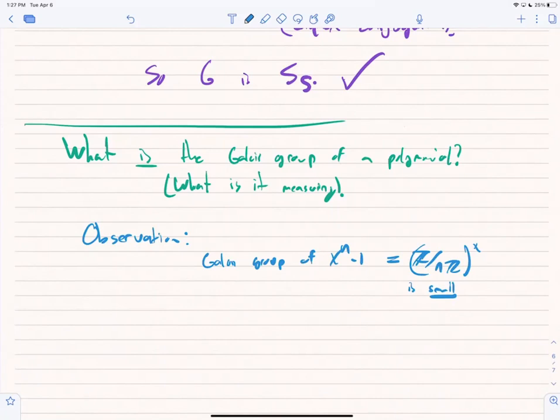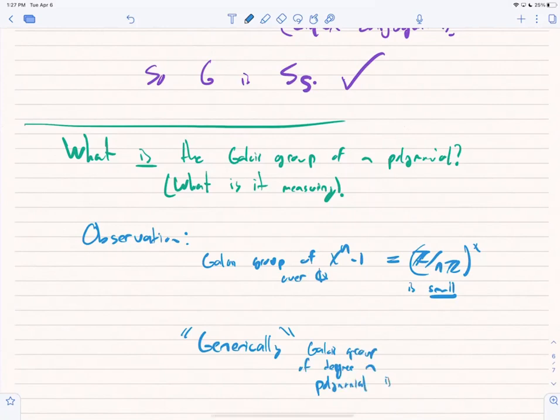Whereas generically, and I'll say what I mean by it, this is all over Q. Generically, the Galois group of a degree n polynomial is the full symmetric group.